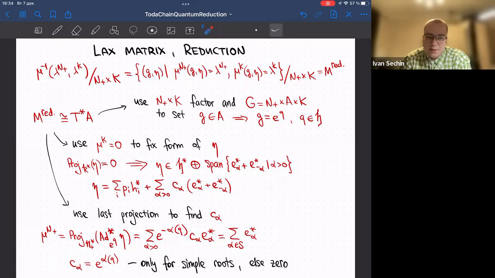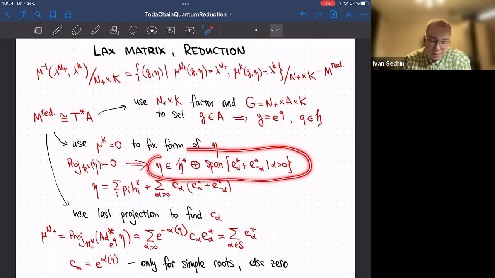So our eta lies in the orthogonal space. In minus alpha star, we have this space K star, and now we have eta in this space.